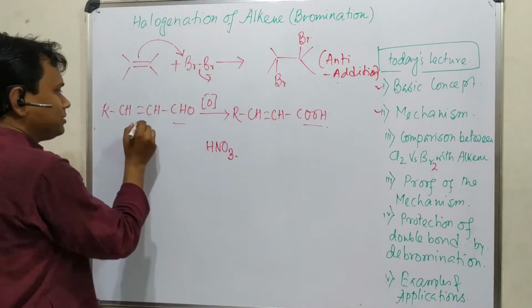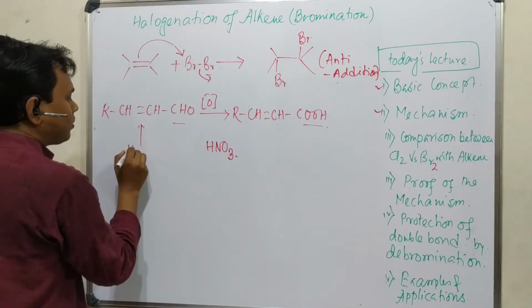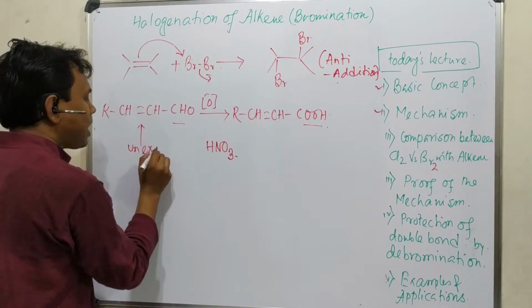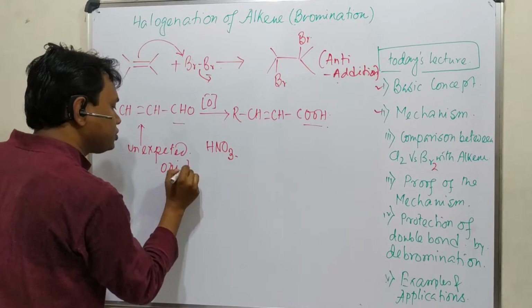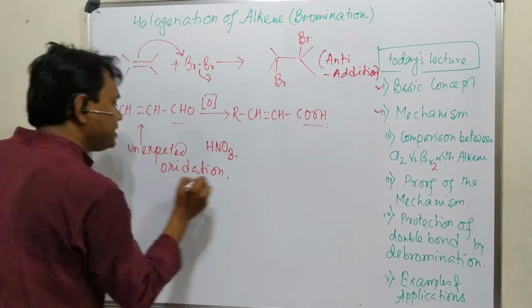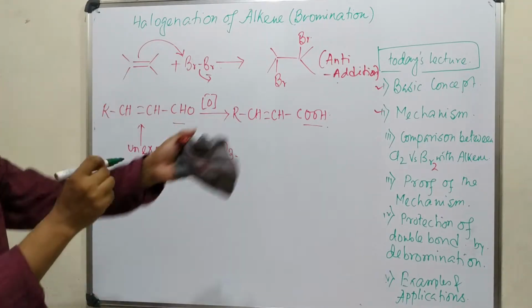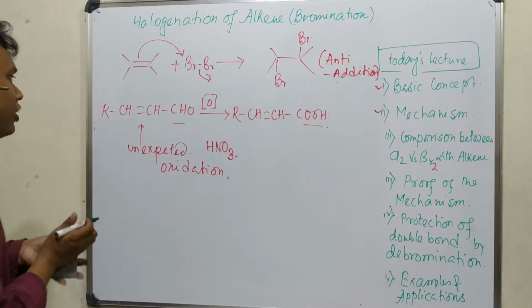But there is a problem, that there may be unexpected oxidation of this double bond, which is problematic, and if it happens, then there may be a variety of outcomes. How to avoid this issue?